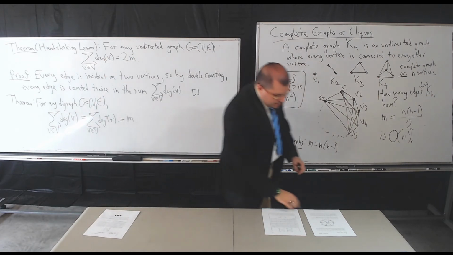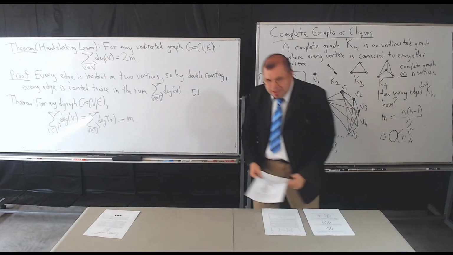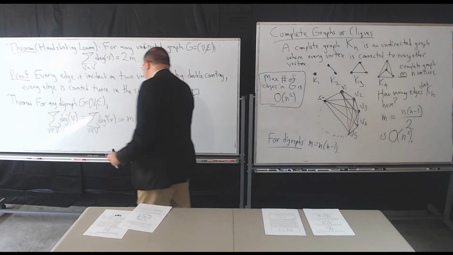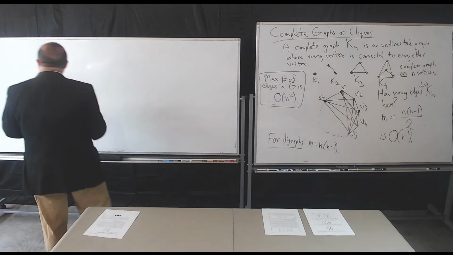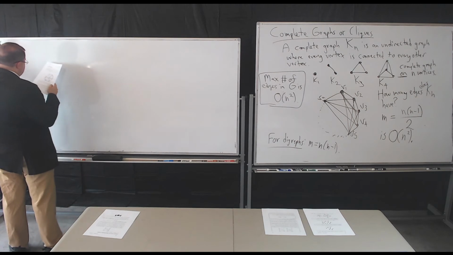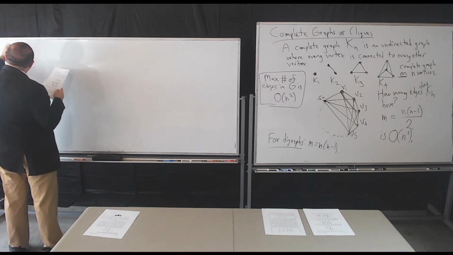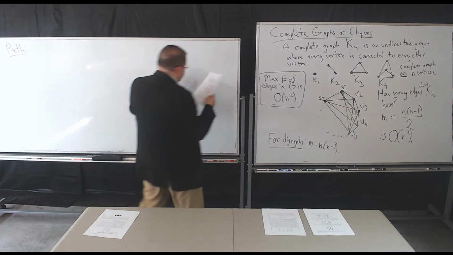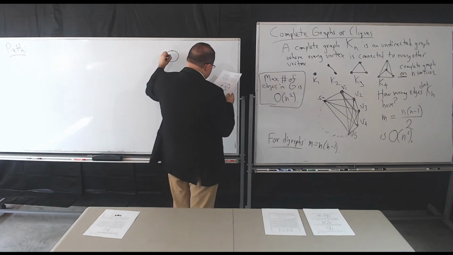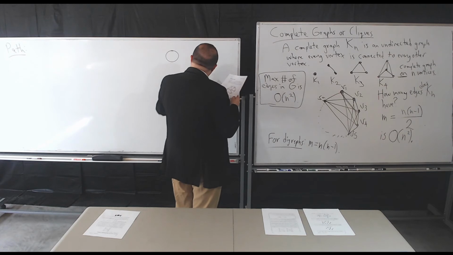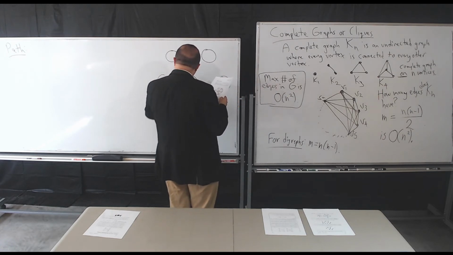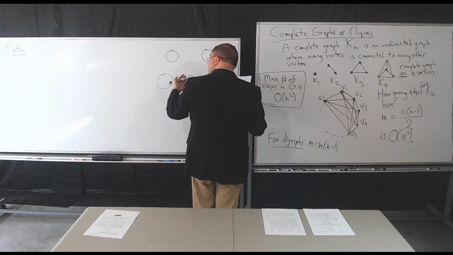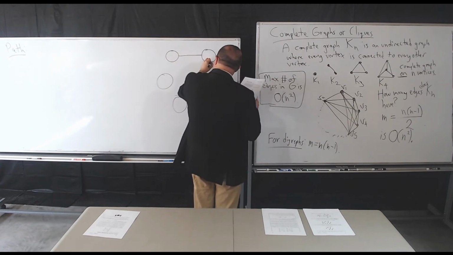So next, let's talk about how we can explore a graph. So we're going to talk about the concept of a path and a cycle. So what's a path? Well, I'm going to first just draw a graph over here to make this a little easier to explain. I'm going to draw what is often called a wheel graph.